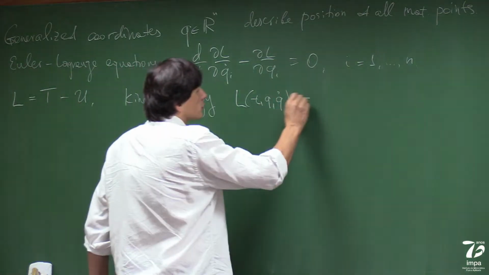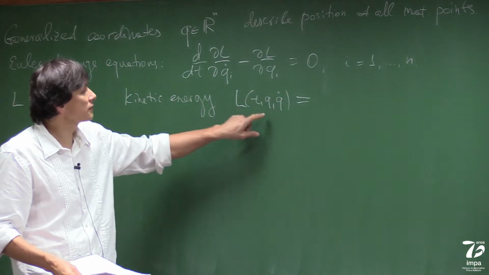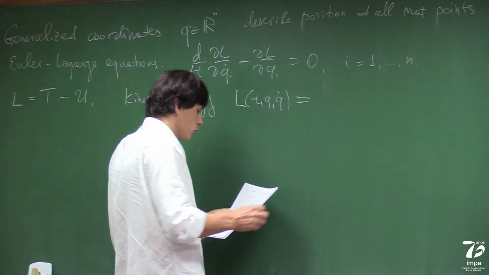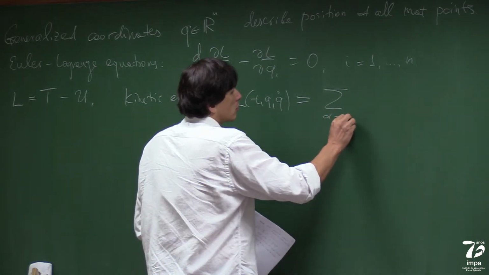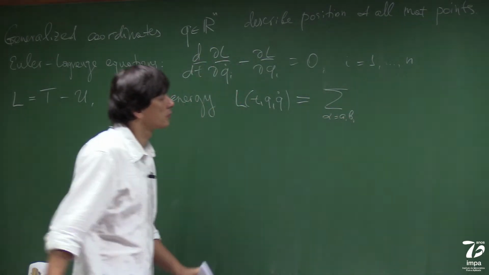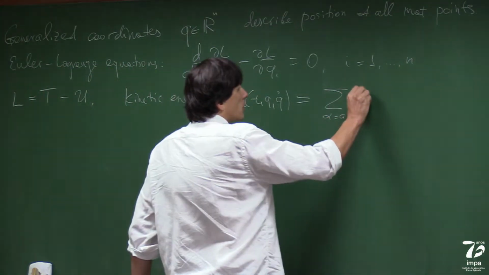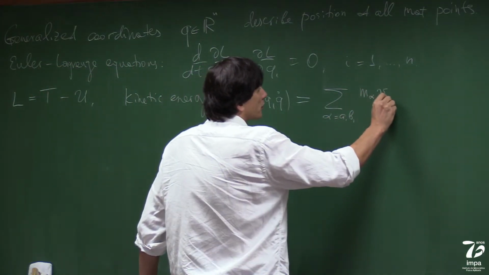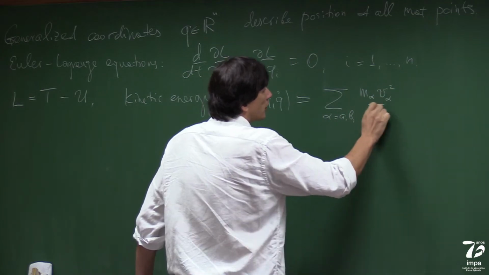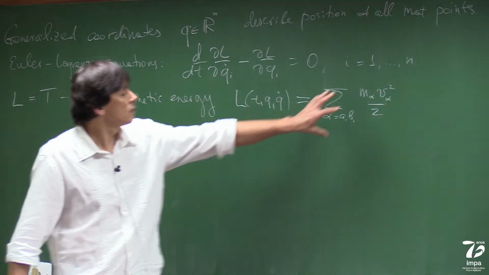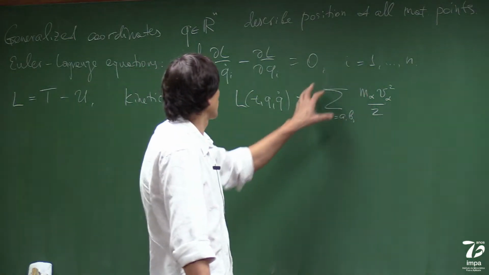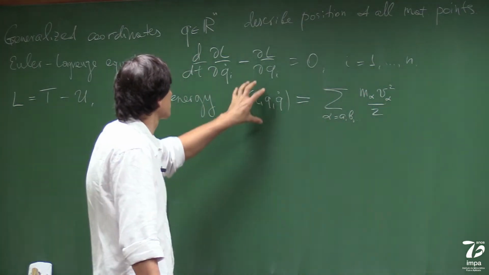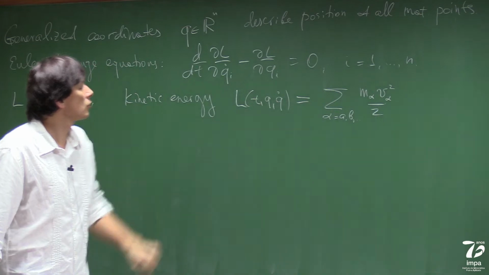But what is important is that whenever you give these values, its value should be exactly the sum over all material points of the mass multiplied by squared velocity divided by 2. Each of these terms is the kinetic energy of a particle. So summing them should give the value which is exactly the value for the system with these coordinates and speeds.